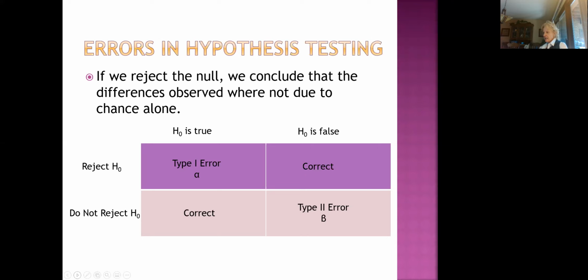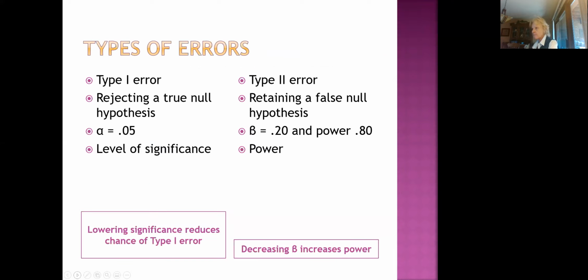And that is when we do not reject the null and the null is false. So you can make errors in both categories, drawing the wrong conclusions two different ways. So we refer to those as type 1 and type 2 error.